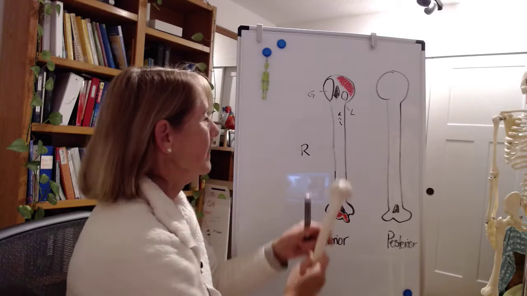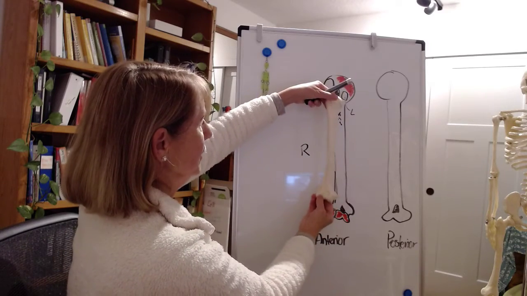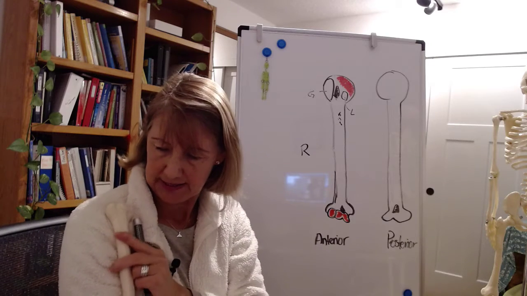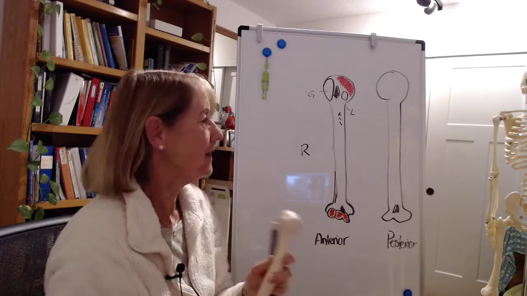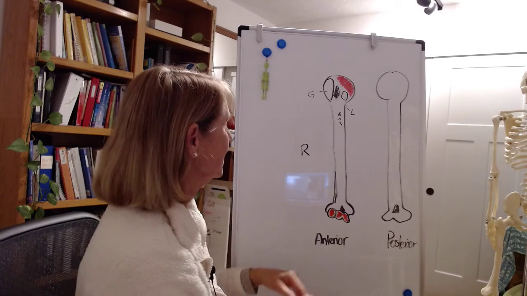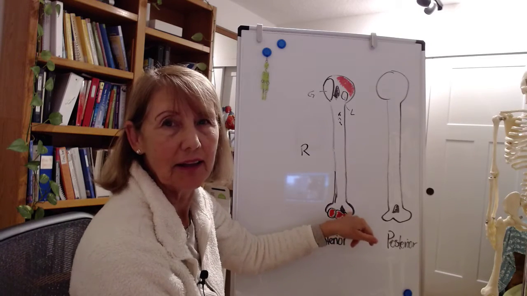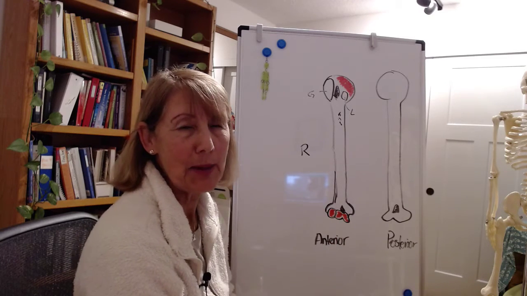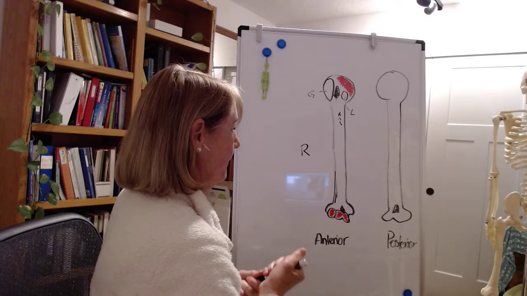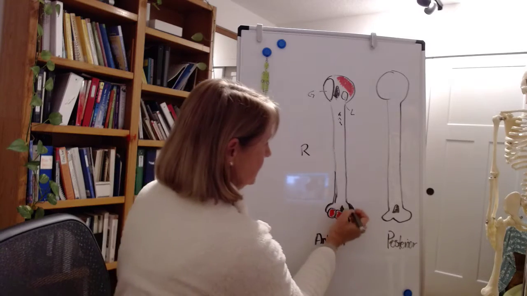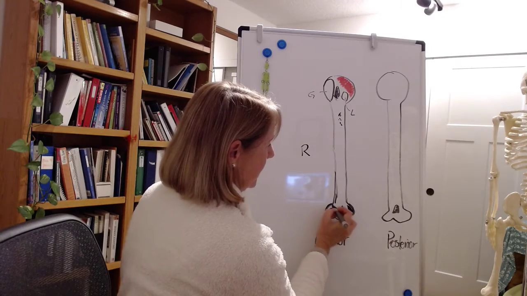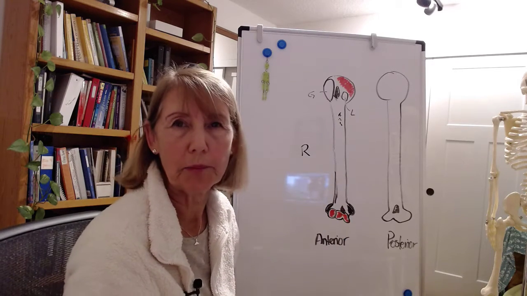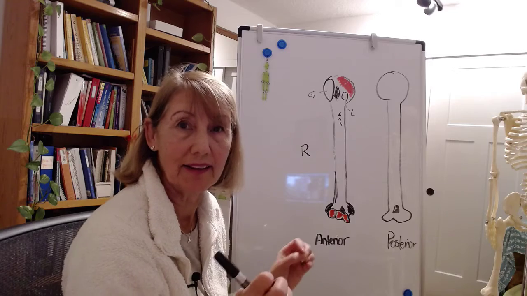In this bone that I have here, and it is actually on me, it's a right bone. This then is going to be the medial epicondyle, and this is going to be the lateral epicondyle. I'll color it in black if I can get the lid off. Okay, so this is going to be epicondyle and epicondyle because it's not really quite part of that joint. It's on the side of the joint.